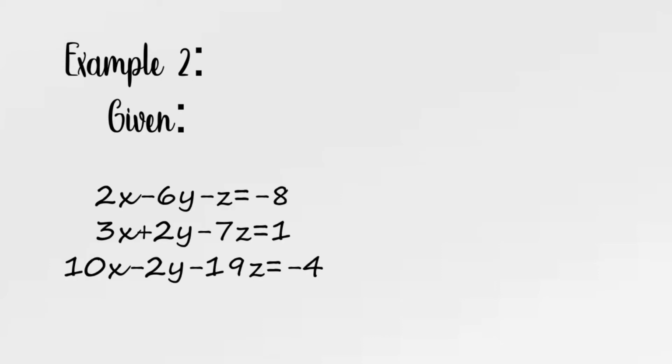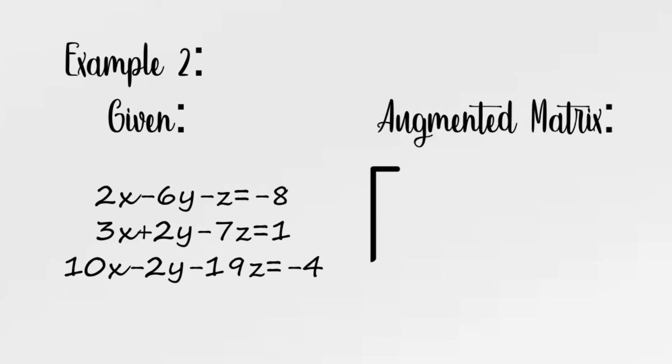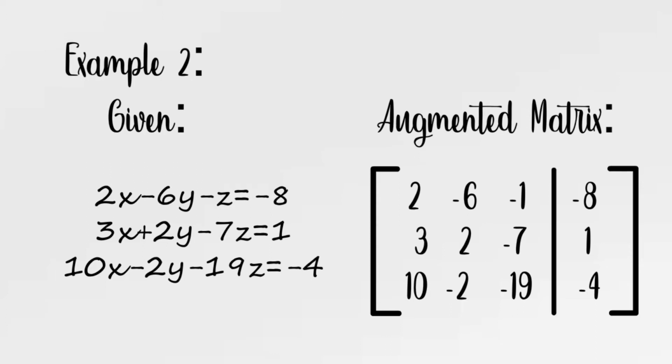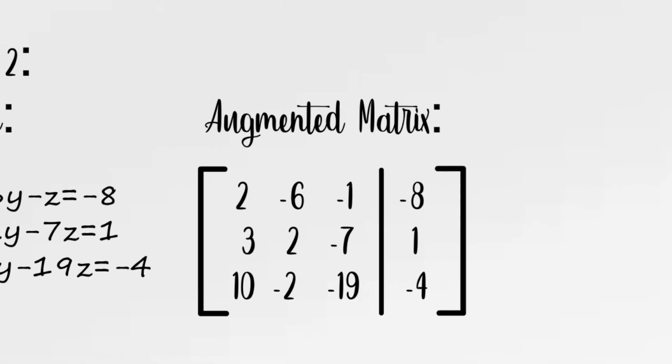Example number 2. Convert the given linear equation to an augmented matrix. By multiplying 1/2 to R1, the first non-zero entry will be 1.